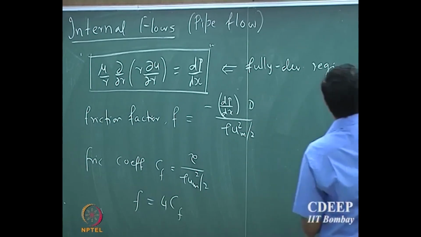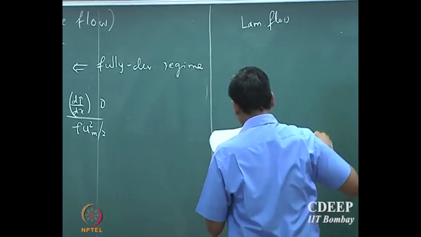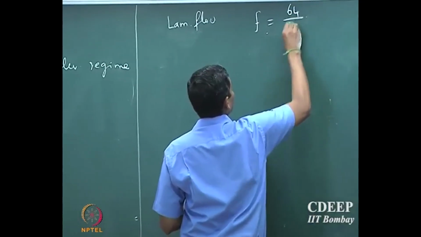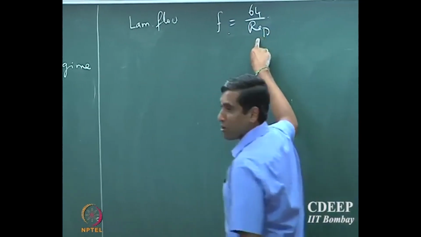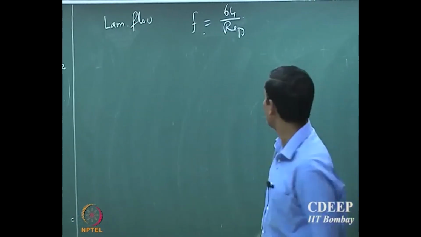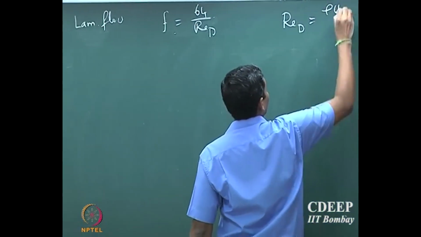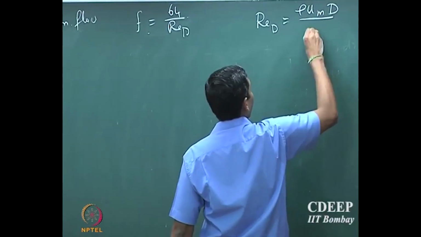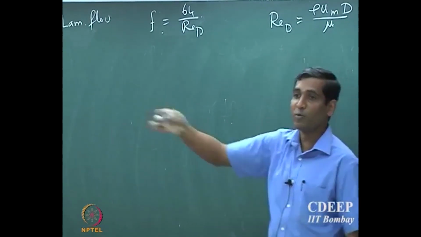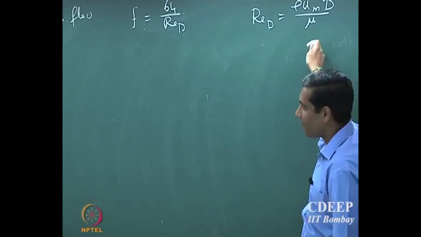So for laminar flow, this 4 times Cf approximately translates to 64 by the Reynolds number. The Reynolds number is defined based on the diameter of the tube, not the radius. Okay, so Re_D is defined as rho um d by mu, which means that the Reynolds number does not change with the location. It's defined based on the mixing cup velocity.